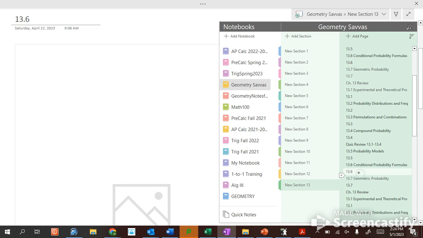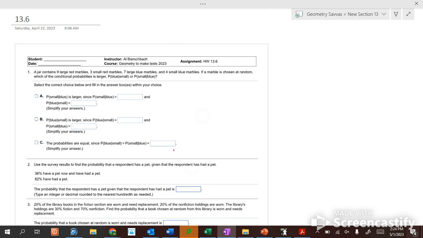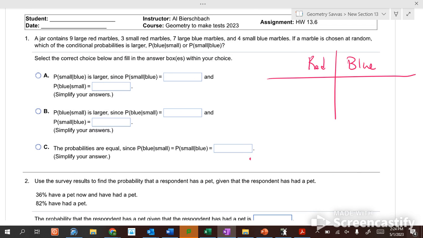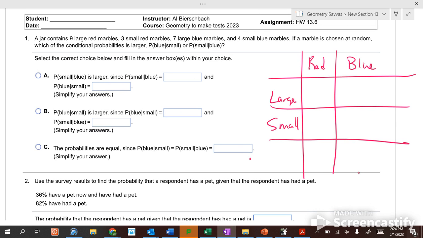So let's look at the problems that you will be doing. All right. A jar contains marbles. We have red marbles and blue marbles, large and then small, and then we have our totals.